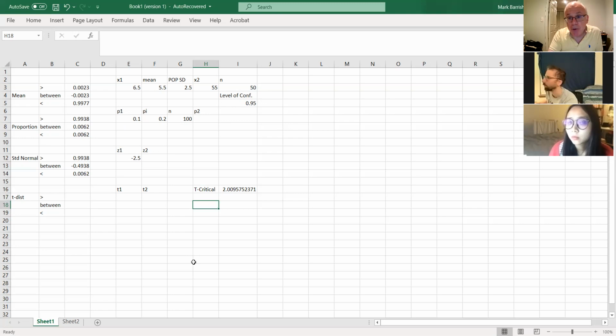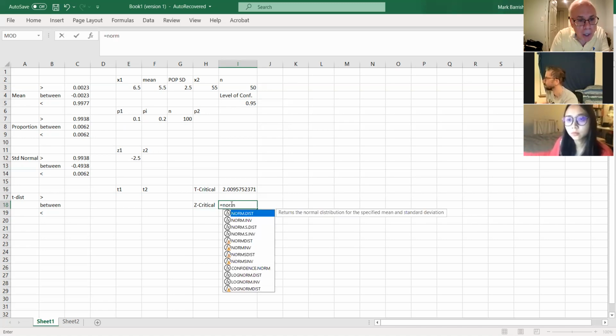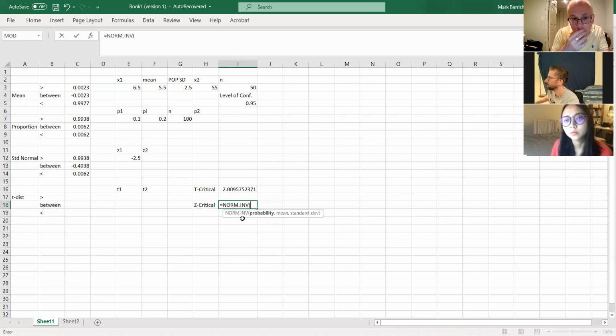What if I wanted a Z critical value? Let's say for a proportion. So if I wanted a Z critical, the formula would be similar. Well, I want to use norm inverse, this one here. And the probability again is going to be 1 minus, it'll be the same idea.